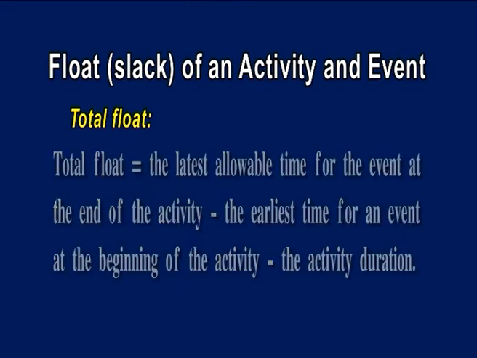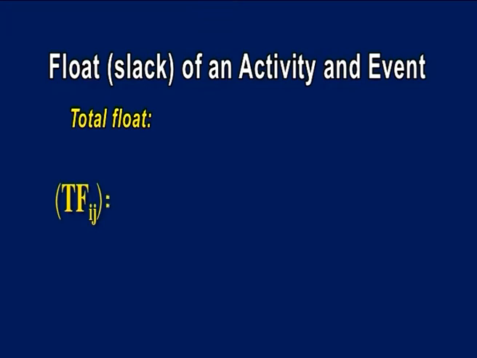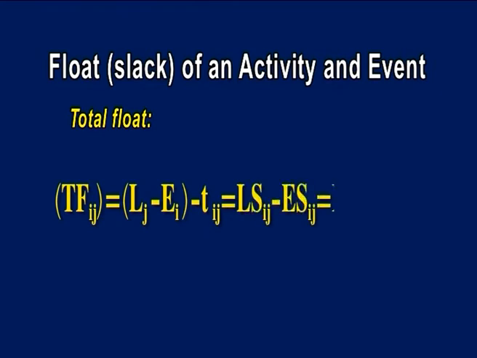That is, total float Tf of ij is equal to L of j minus E of I minus T of ij, equals Ls of ij minus Es of ij, equals Lf of ij minus Ef of ij.